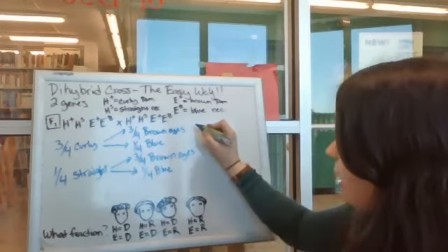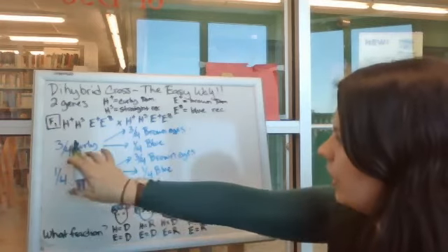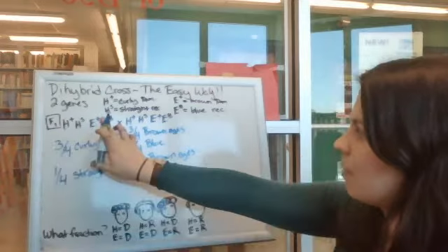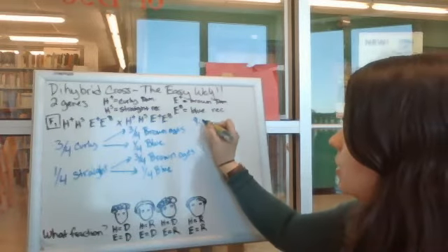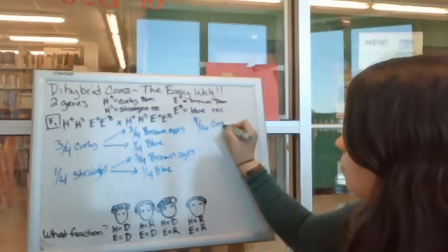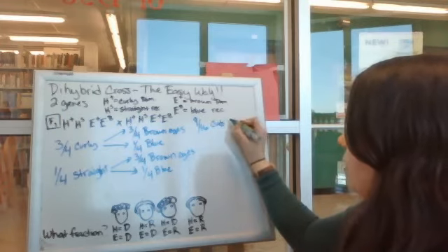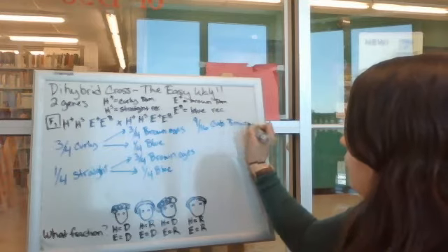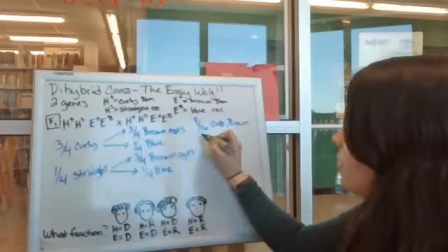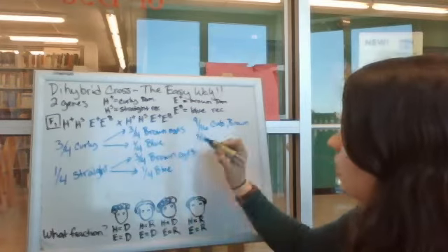So the probability of having curly hair and brown eyes is going to be 3/4 times 3/4, which is 9/16. Curls and brown. Then we'll have 3/4 times 1/4, which is 3/16.